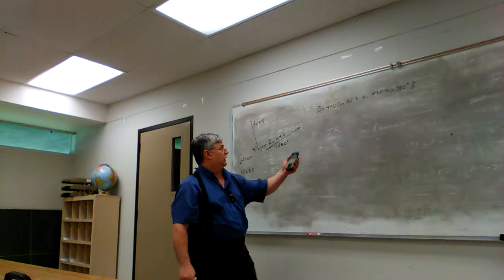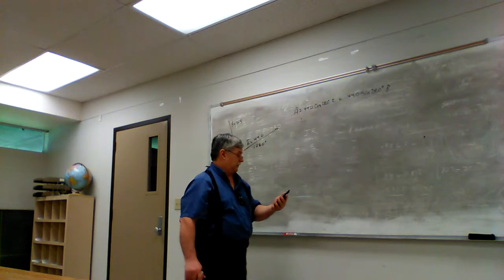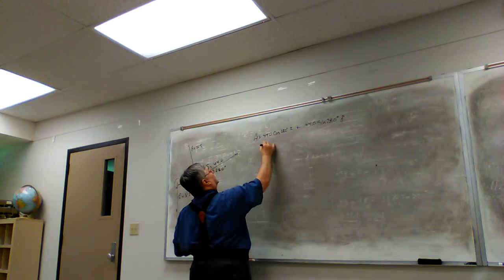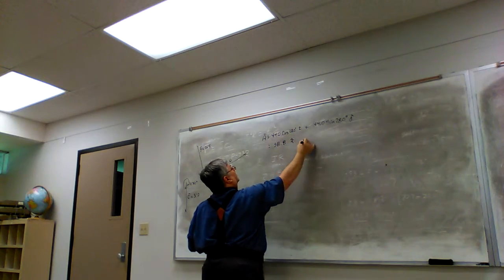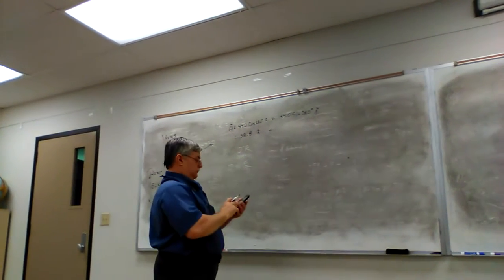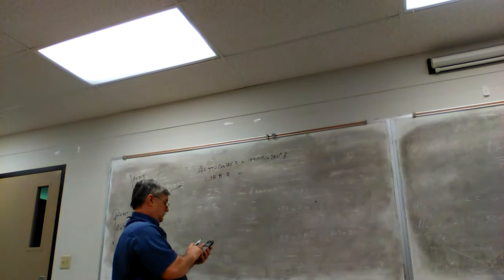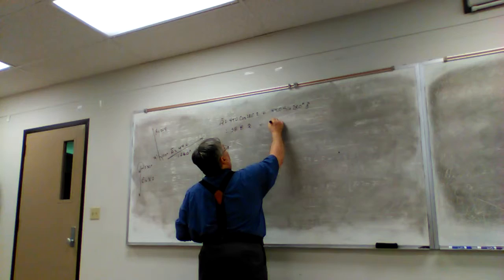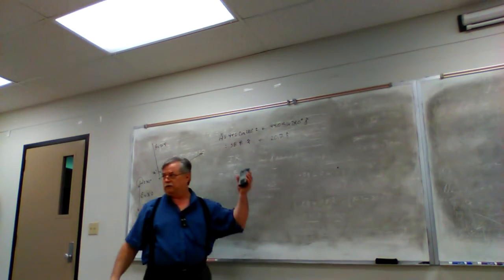What do we get for the horizontal component here? 38.8 or 38.9? No, we'll go with 38.8. And what do we get for the vertical component? 20.7 J. Did anybody get something different for A?